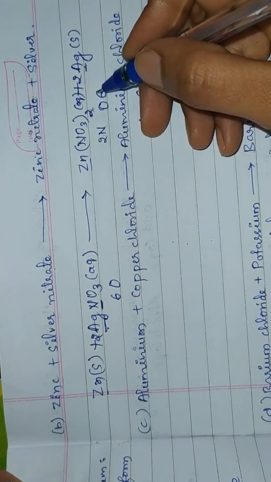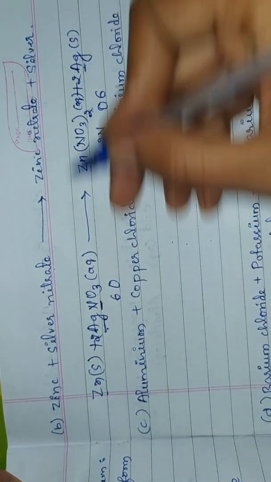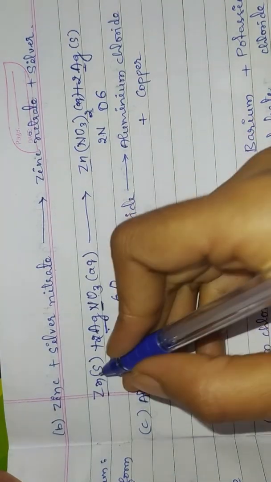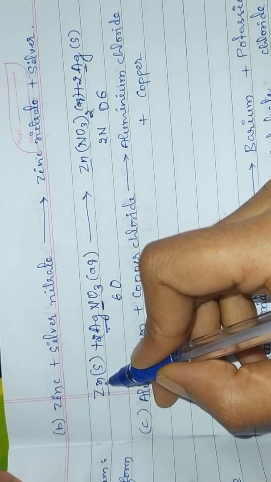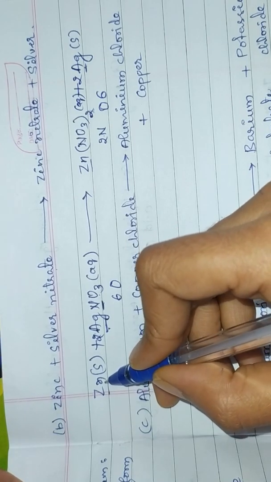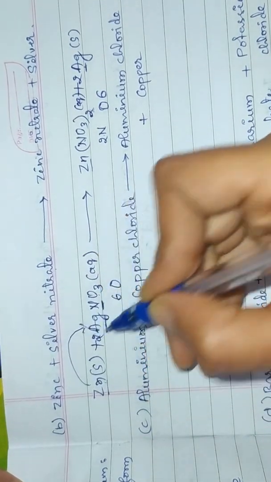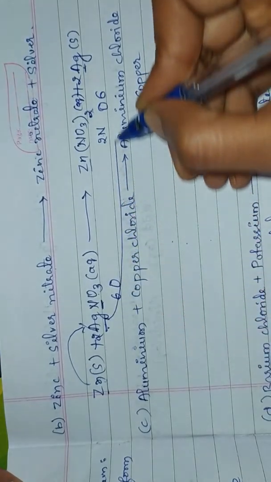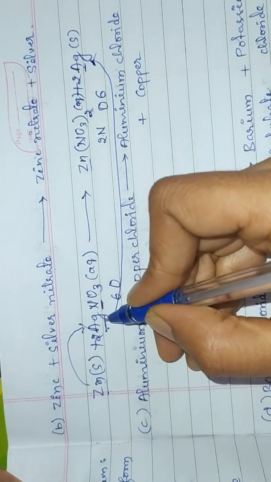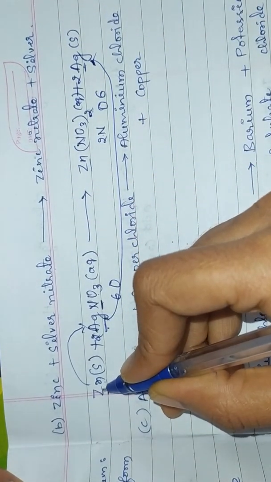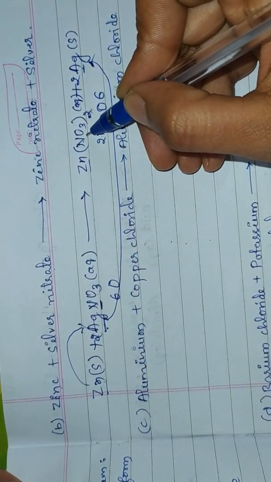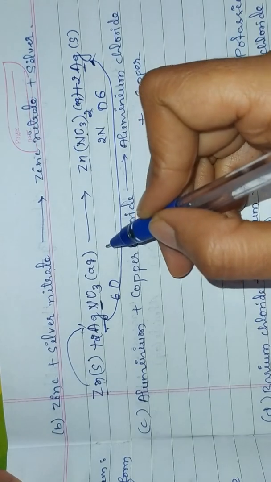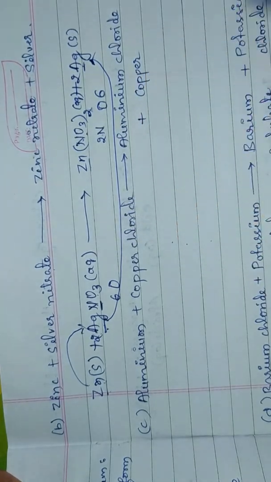Already they are balanced. Okay, like this we have balanced this chemical equation. See here zinc is a stronger metal. Therefore zinc will displace this silver. As a result, zinc nitrate is formed. Okay, it is an example of a displacement reaction.